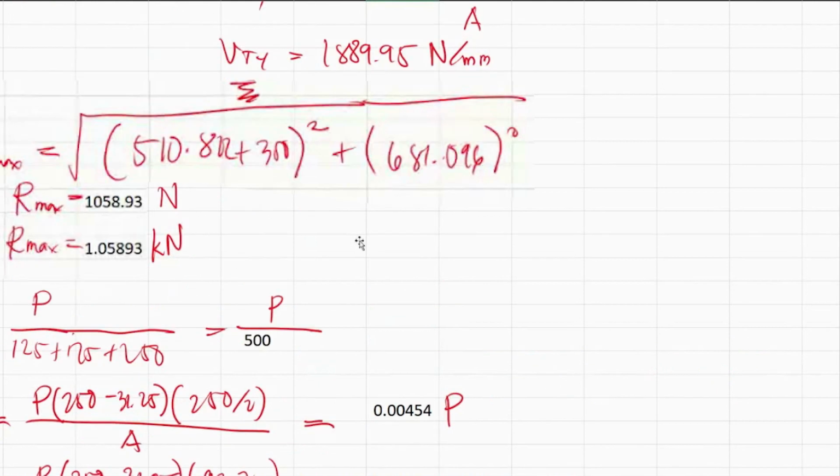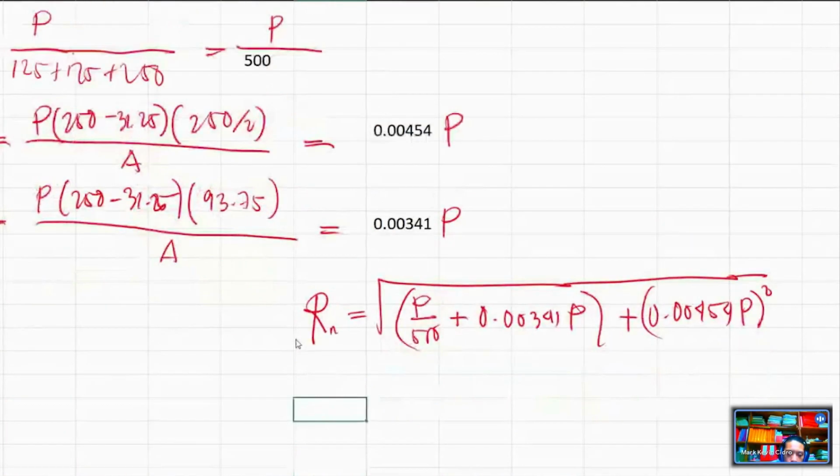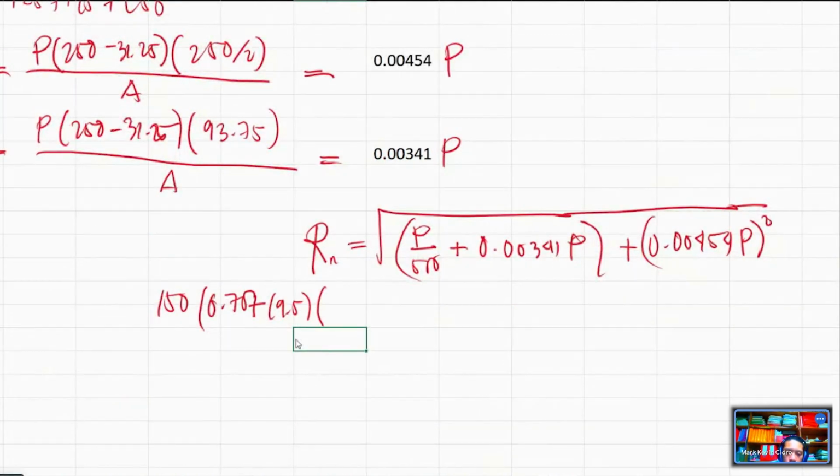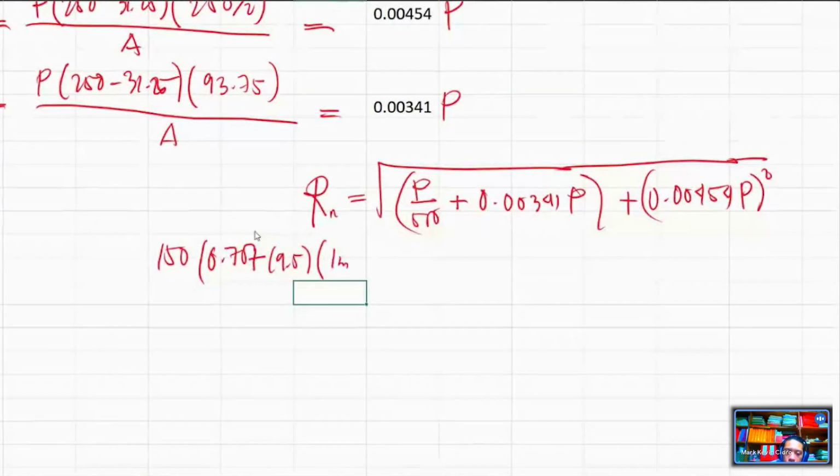Pero an Fv? 150 megapascal multiplied by 0.707. The width is 9.5 multiplied by 1 mm, per mm length kita.